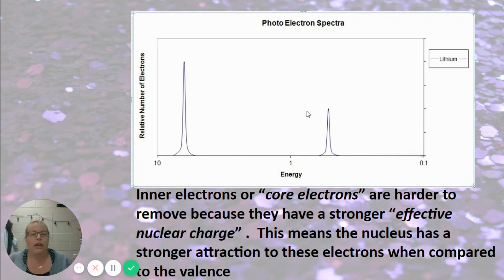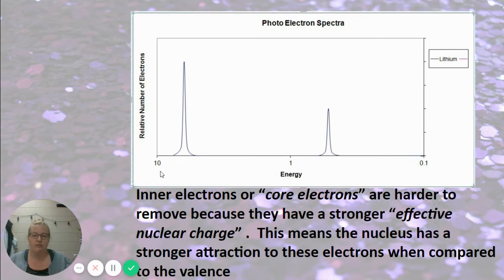So when you look at a graph, what you want to do is look at the energy. Once you look at the energy value, find the highest energy value, because the way I show my PES, there are different graphs that you can see, and we'll take a look at those in just a little bit. So always find the highest value.